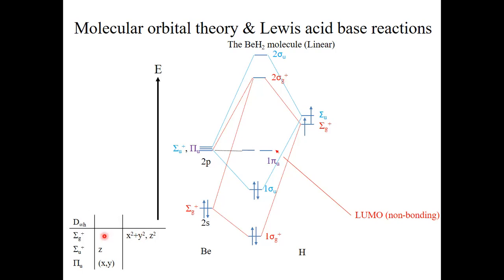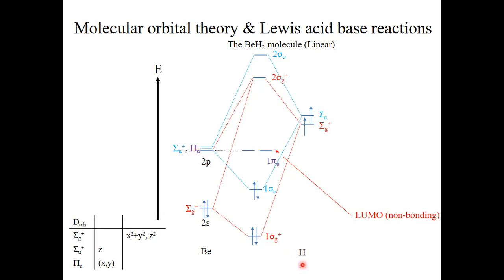I just wanted to mention that because of these infinities, we have symmetry types that we haven't discussed before. The 2s orbital has the σg+ symmetry type, the totally symmetric symmetry type in this point group, and the 2p orbitals have σu+ and πu symmetry respectively.